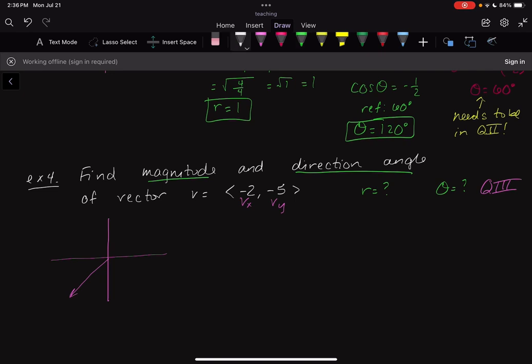Oh, let me write down the rounding directions for this. I'll say leave the r exact. I'll say round theta to the nearest tenth.